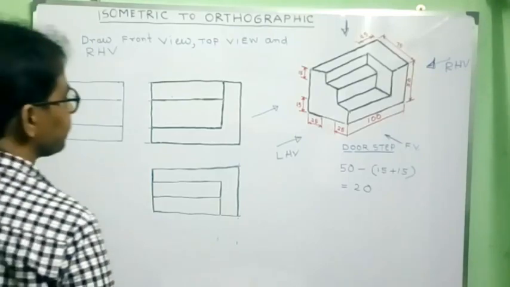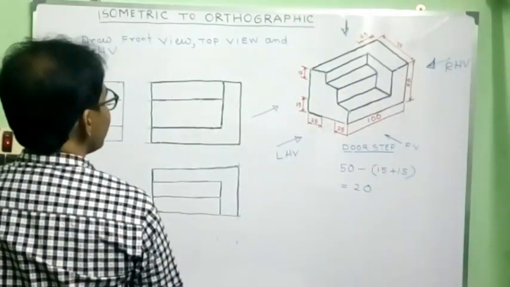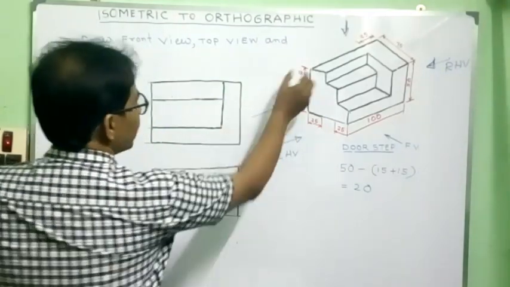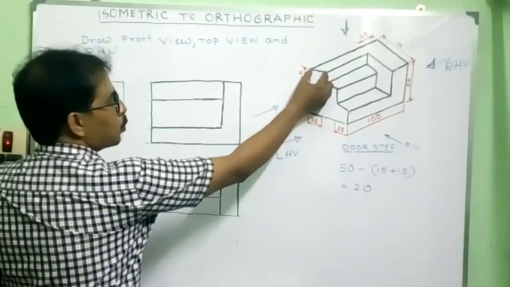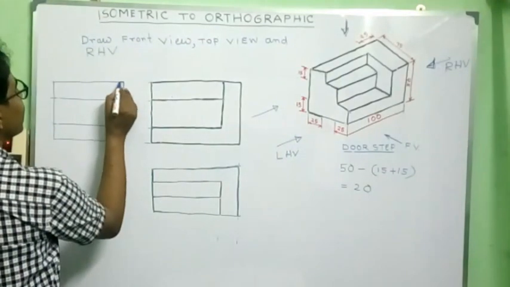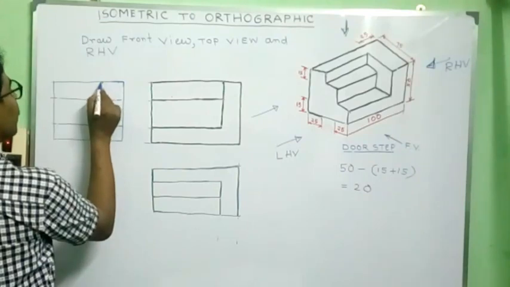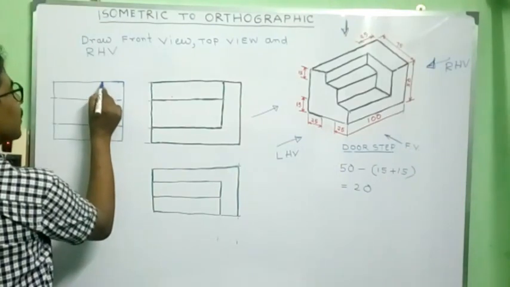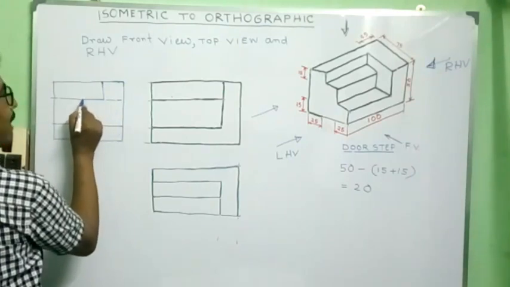Now we see from the back side. This is 25. Then draw the vertical line. Again this is 25.